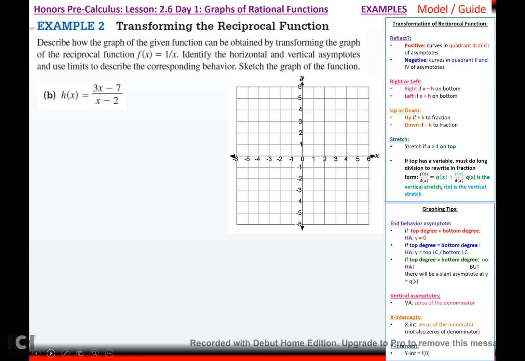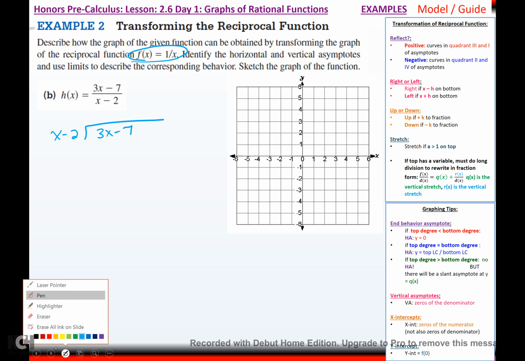So we've got a mess here because the top has a variable in it. Okay? Because remember, I'm trying to make it look like this, or figure out what they did. When the top has a variable in it, you have to do long division. So I'm going to do x minus 2 into 3x minus 7. 3x divided by x is 3.